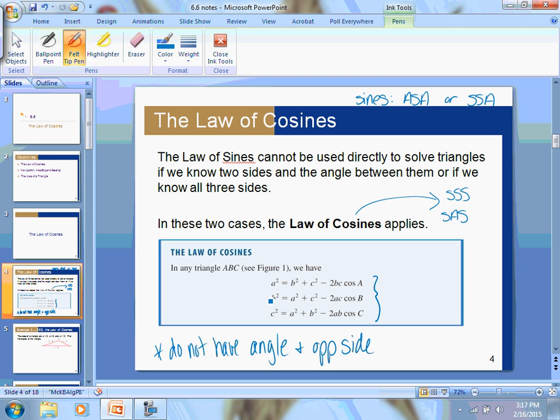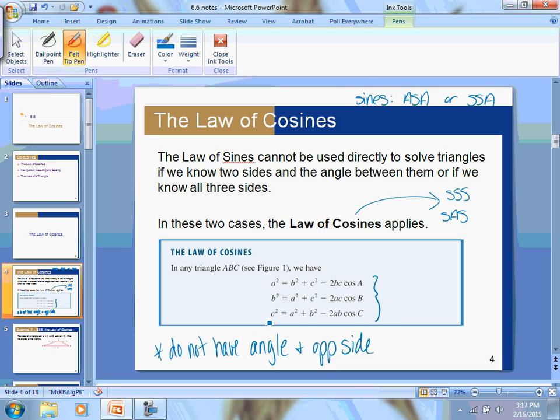So side B is outside here on the left side of the equation, and angle B is on the right side of the equation. Side C is on the left side, angle C is on the right side. Okay, so that's one way to help you remember how these equations are set up.